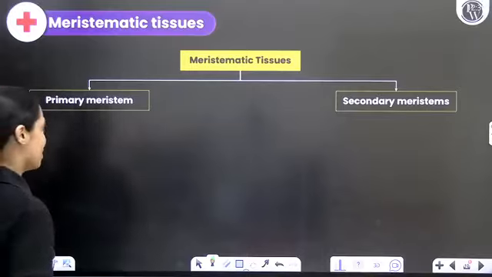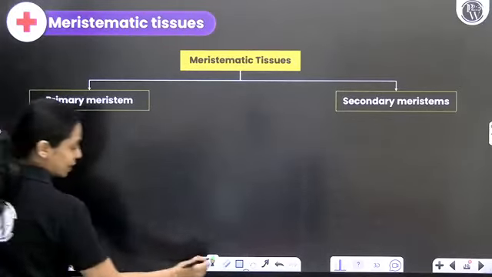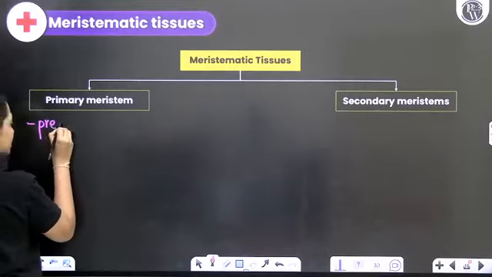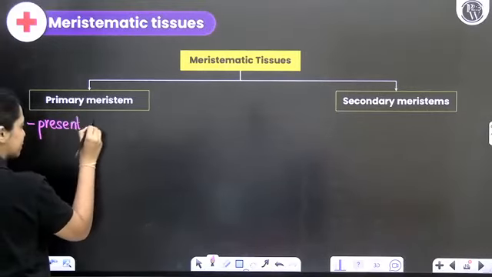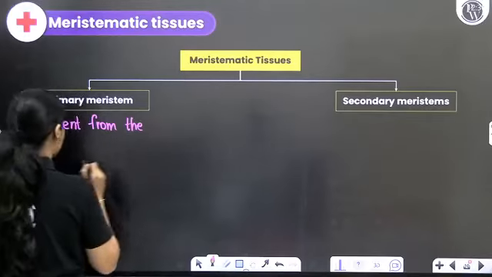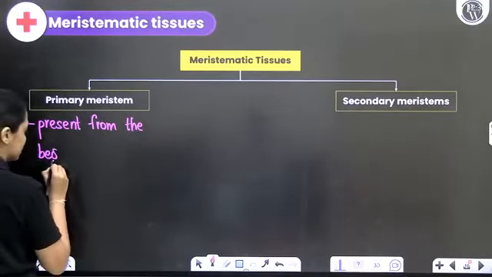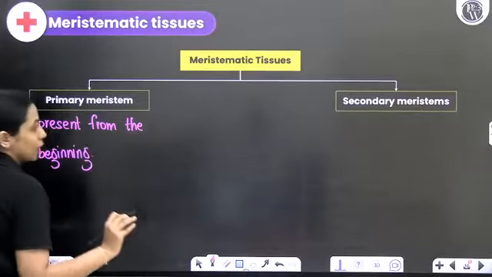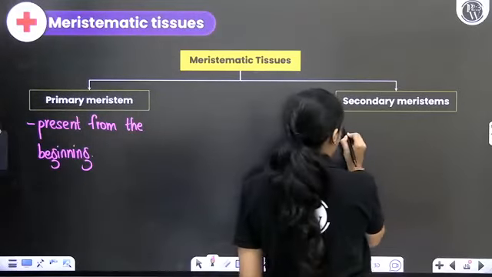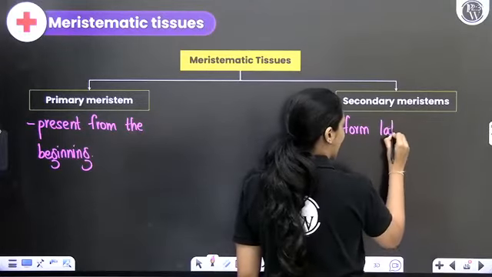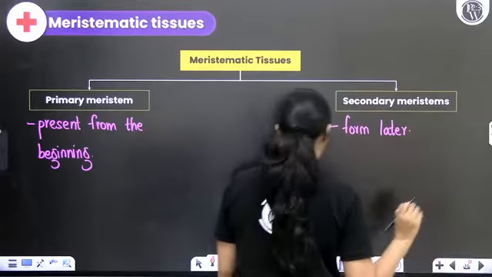Okay, primary meristem is that meristematic tissue which is present from the beginning. Secondary meristem will form later. How does that work? I'll tell you.